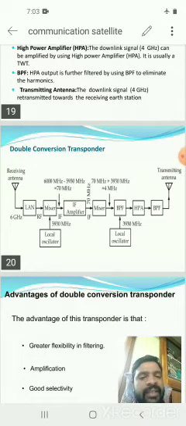Here the first mixer stage is used for down conversion and the second mixer stage is used for up conversion. So again these 70 megahertz signals are up converted into 4 GHz by using a mixer and local oscillator.